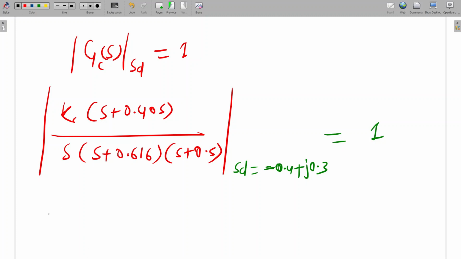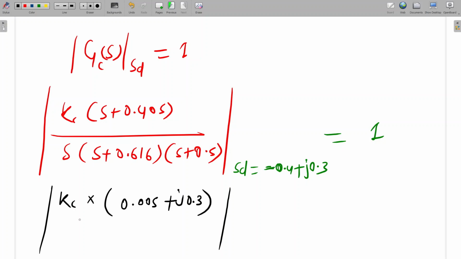So I'm just going to put all these values. So Kc into how much? This is minus 0.4, so minus 0.4 plus 0.405, how much? That will be 0.005 plus j 0.3. Correct?